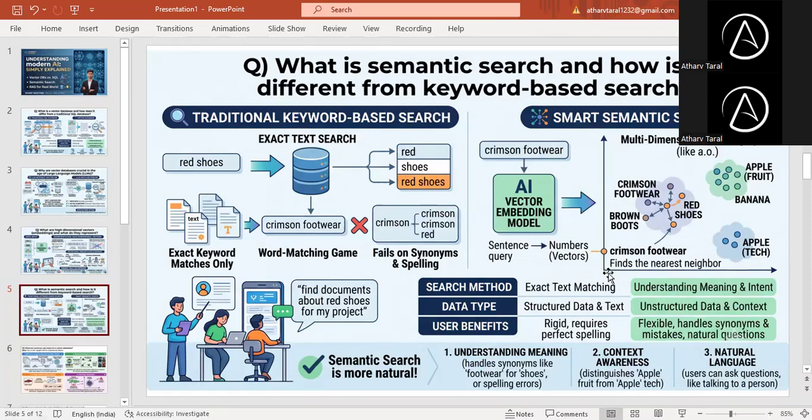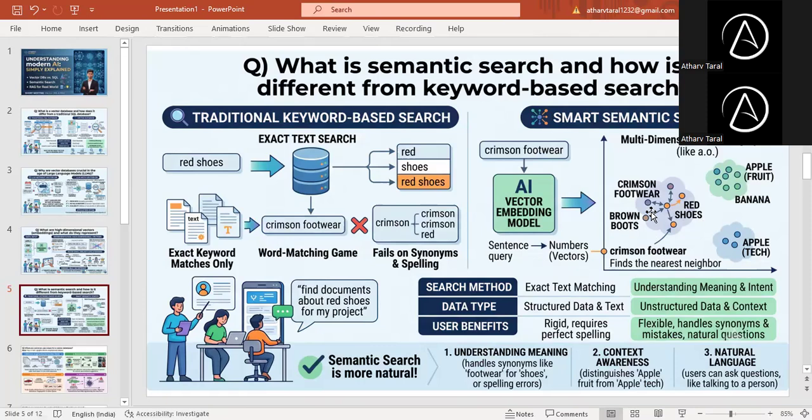That means we convert words and sentences into numbers that represent their meaning. In this numerical space, words like shoes and footwear are placed very close to each other because they are related.